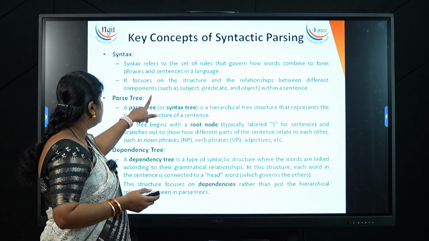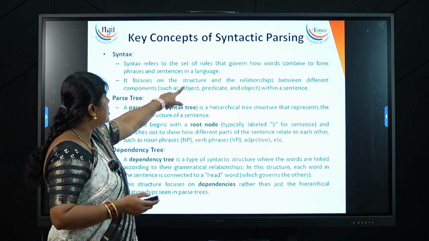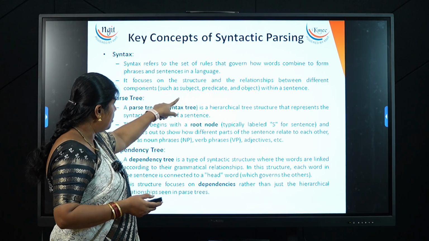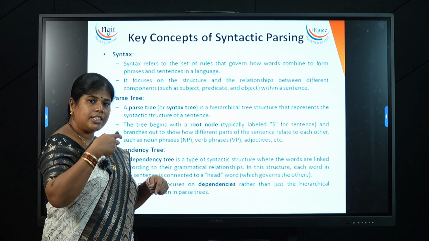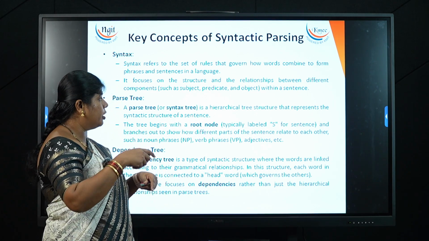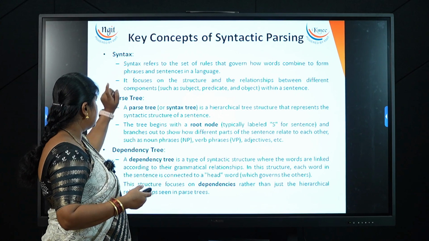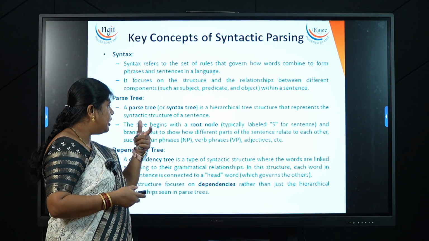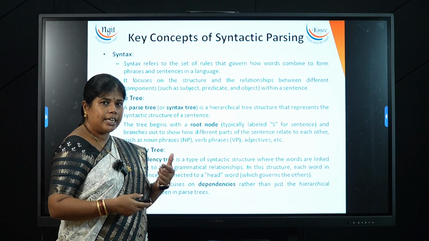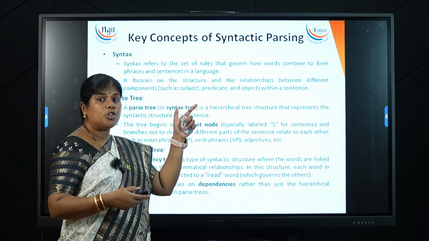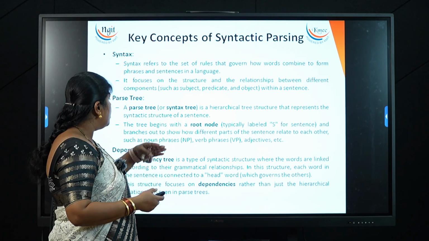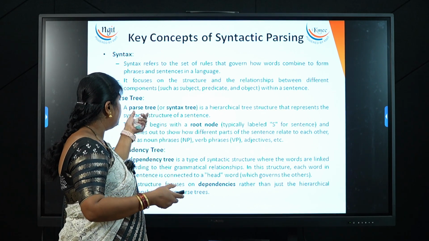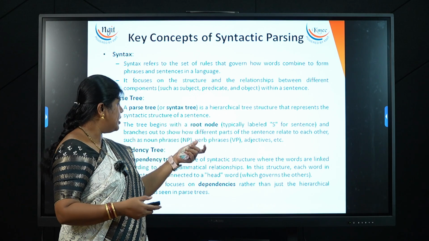It focuses on the structure and the relationship between the different components, meaning in what sequence your tokens are appearing and whether it follows the grammatical rules or not. Then, based on that dependency, I will decide the root node, what should be the node at the base level and what should be the node at the next level. This hierarchical structure gives me a parse tree or syntax tree.